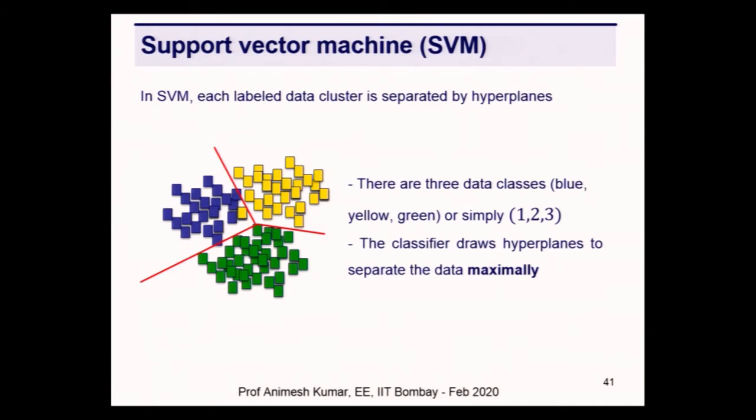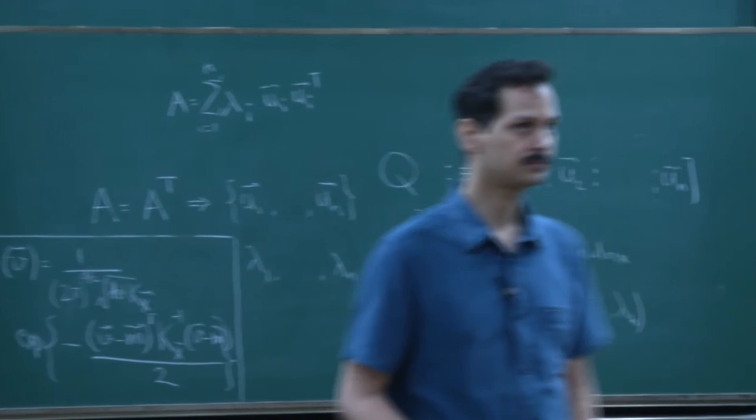So once again, we have 3 data classes, which we simply call 1, 2, 3, or blue, yellow, green in this picture. And what we want to do is draw these so-called hyperplanes. What is shown in red here? We want to draw hyperplanes which in some sense separate the data maximally.